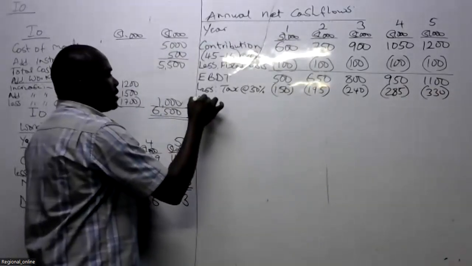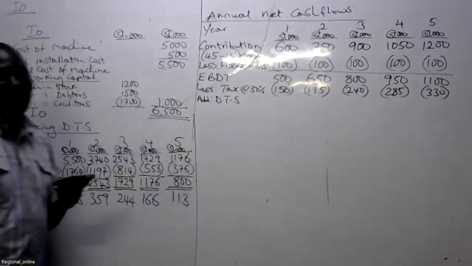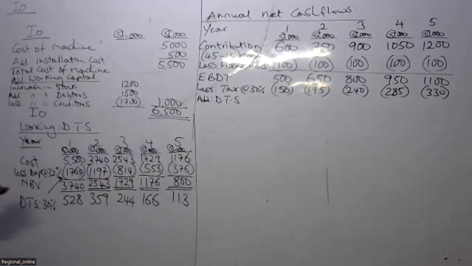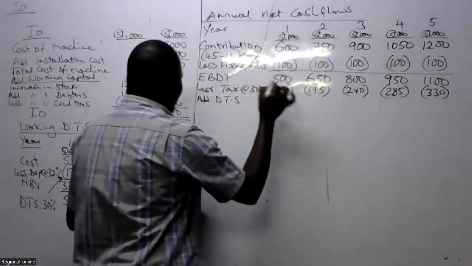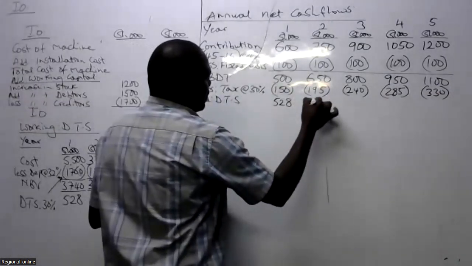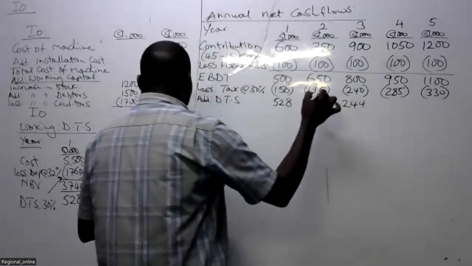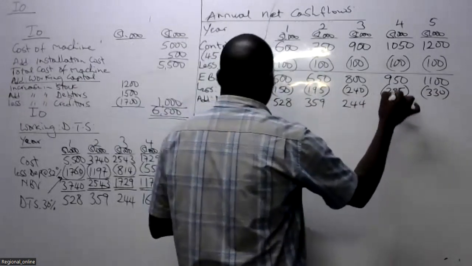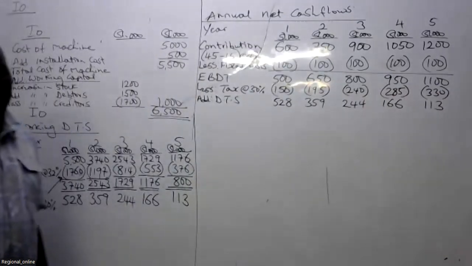Then we add the DTS, which we already did in the working. Year 1 is 528, year 2 is 359, year 3 is 244, year 4 is 166, and year 5 is 113.